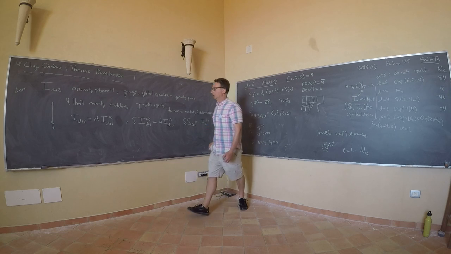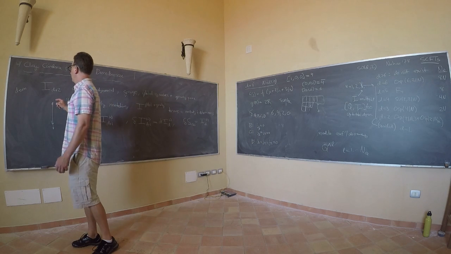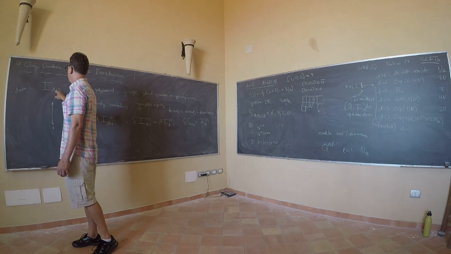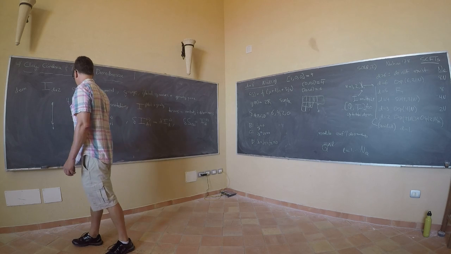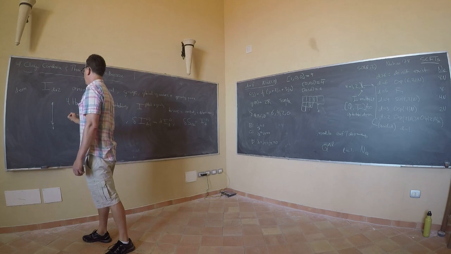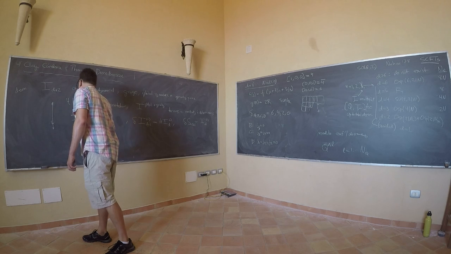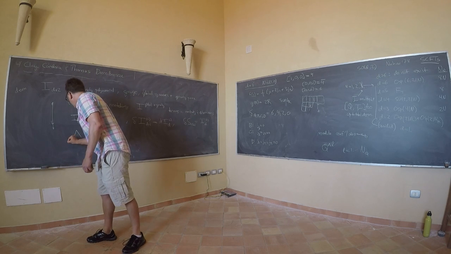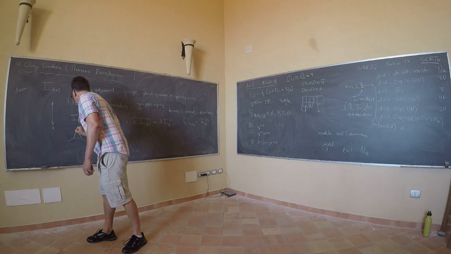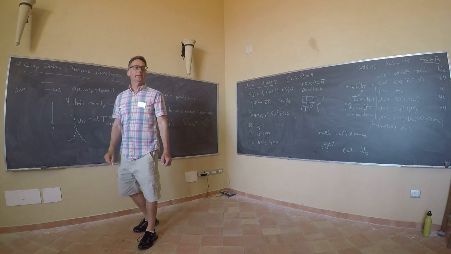So for instance, in 4 dimensions, this would be a 6-form, and we could form a 6-form out of F cubed, and that comes, for instance, from a triangle diagram like this.